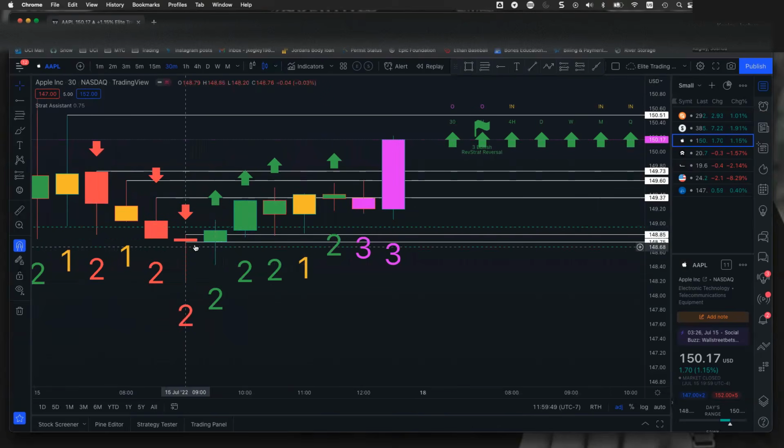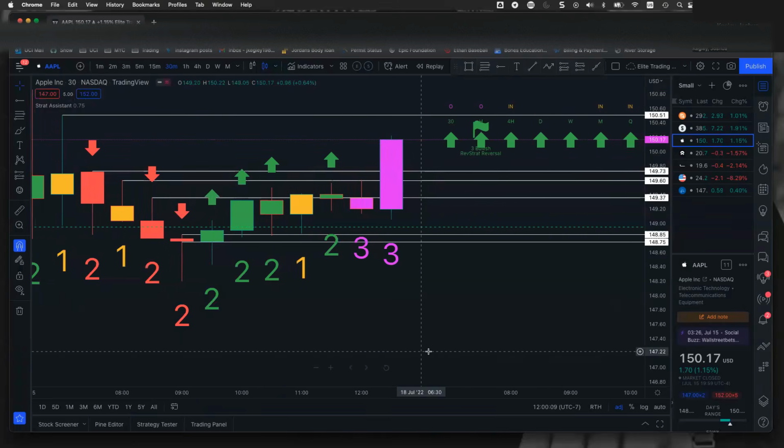So you would have gotten in at 148.85 to 149.37. Your second profit target level, 149.62, and then rode it all the way up to 150.51.